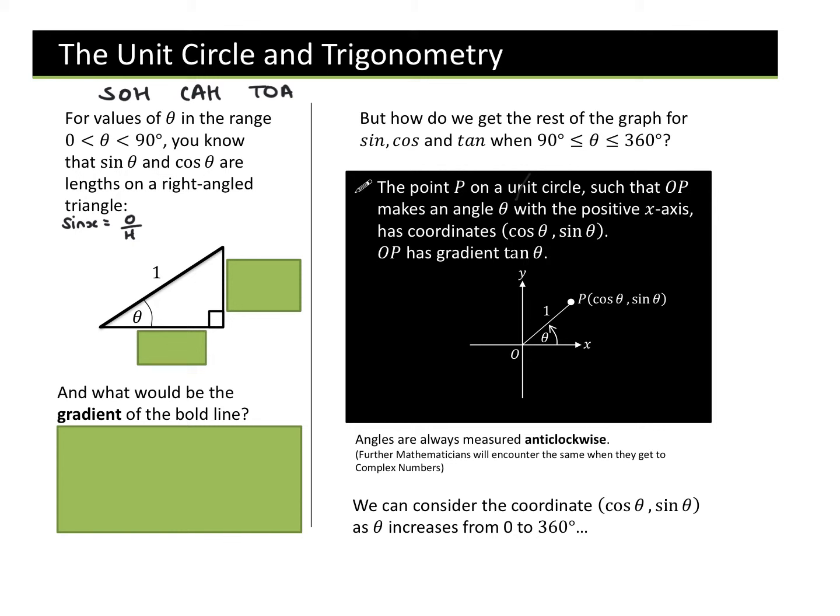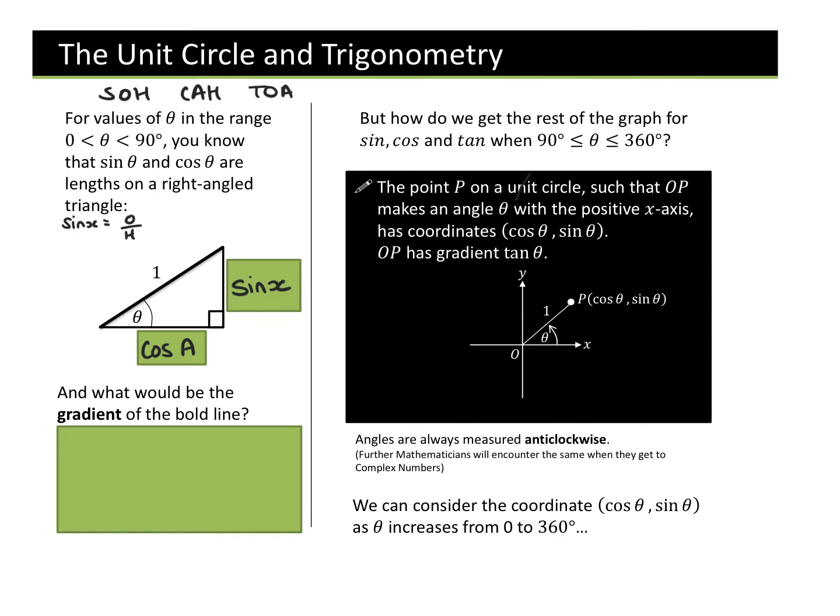Now, in this case, if we're using the unit circle, our hypotenuse is 1. So our sine of x equals our opposite, because opposite over 1 is just opposite. And then our cos of x is adjacent over hypotenuse. When our hypotenuse is 1, that means our cos of x equals our adjacent.